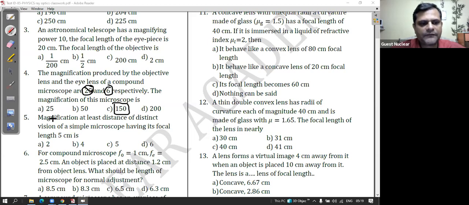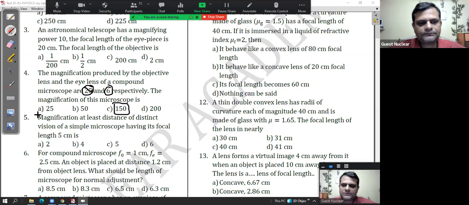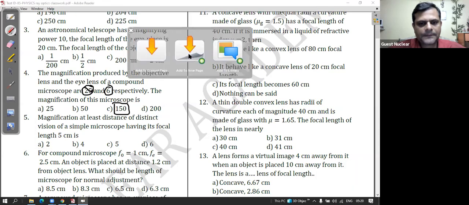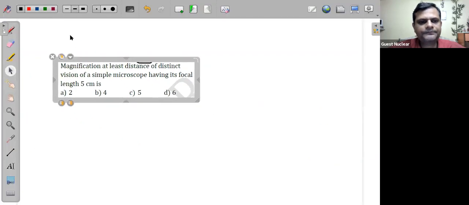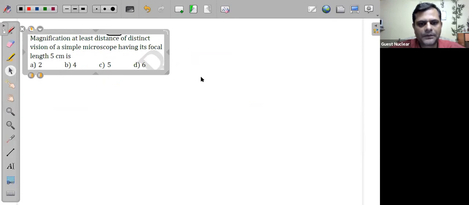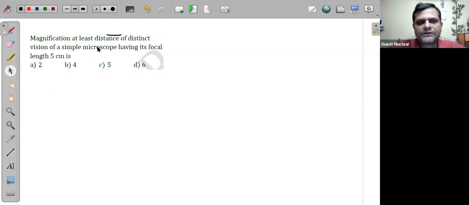Let us see the next question, fifth one. The magnification at least distance of distinct vision of a simple microscope having its focal length 5 centimeter is, yes. मैग्निफिकेशन एट लीस्ट डिस्टेंस ऑफ डिस्टिंक्ट विजन, मतलब मैग्नीफाइंग पावर एक्चुअली वहां पे पूछना है. तो सिंपल माइक्रोस्कोप के बारे में हमको पता है ऑलरेडी.